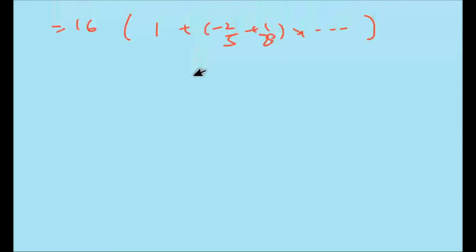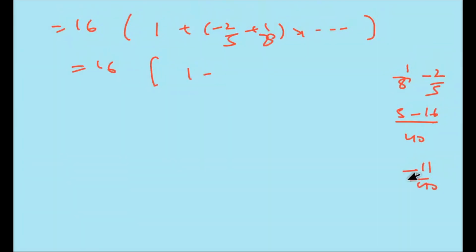Leaving all this value, now what we get? So we get here 16, 1 minus 11 upon 40x. Okay student, so this is the final answer.